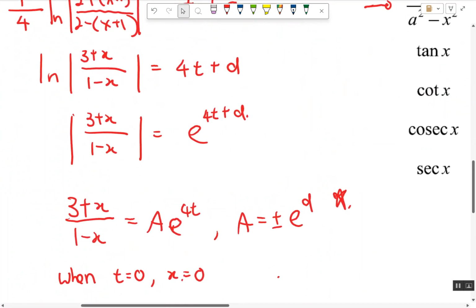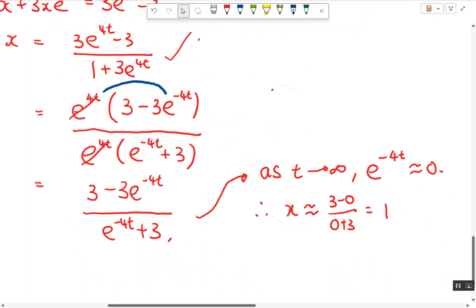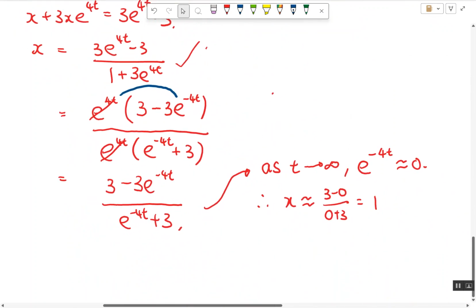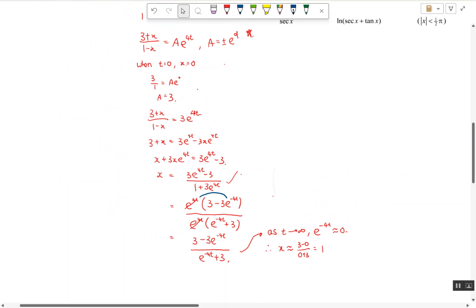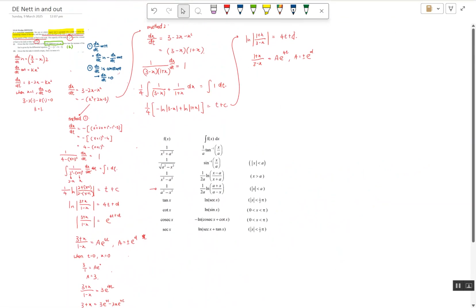Remember to remove the modulus by saying that A is equal to plus or minus e to the power of d. And at the end, if the answer is wanted in terms of e to the power of negative 4t, you need to factorize out e to the power of 4t from the equation. This is a very good example to understand and know for DE.